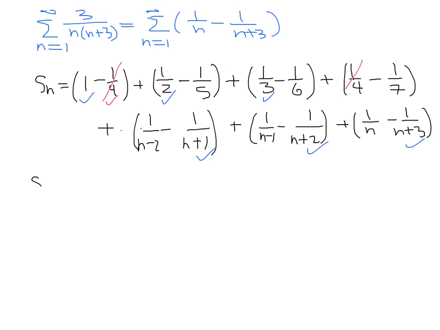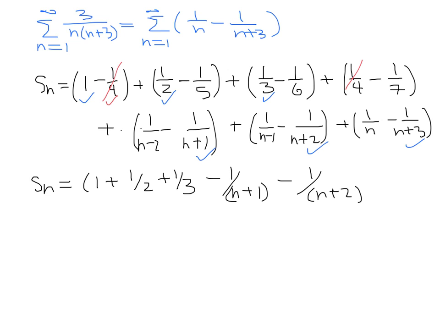So the nth partial sum is given by 1 plus a half plus a third minus 1 over n plus 1 minus 1 over n plus 2 minus 1 over n plus 3. And it is the case that the number of things that don't cancel in the beginning is the same as the number of things that don't cancel on the end.